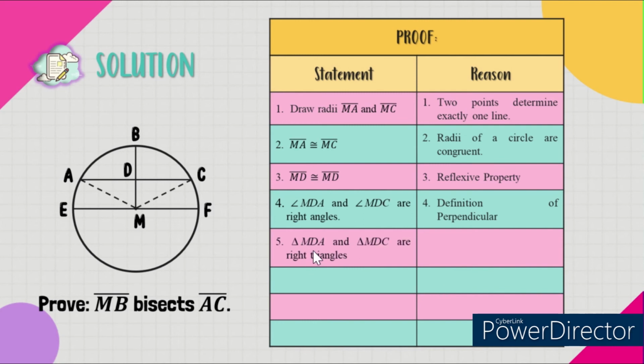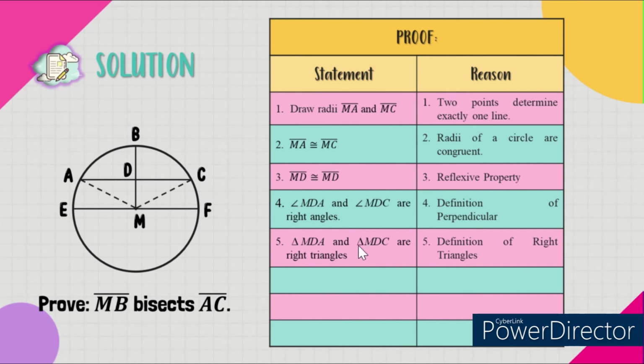So, triangle MDA and triangle MDC are right triangles. And the reason is the definition of right triangles. As you can see here, by connecting point A and point M in the fourth statement, from the angle MDA we can already form this right triangle MDA.